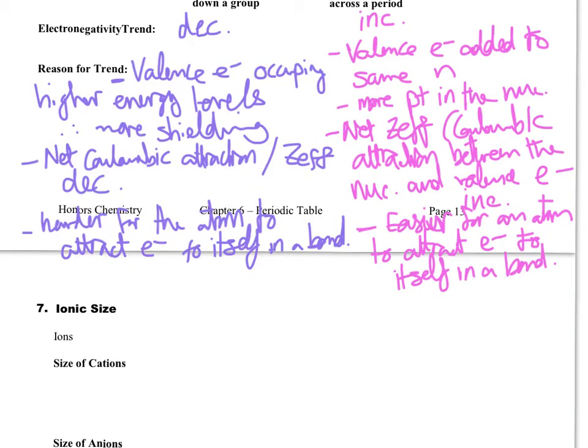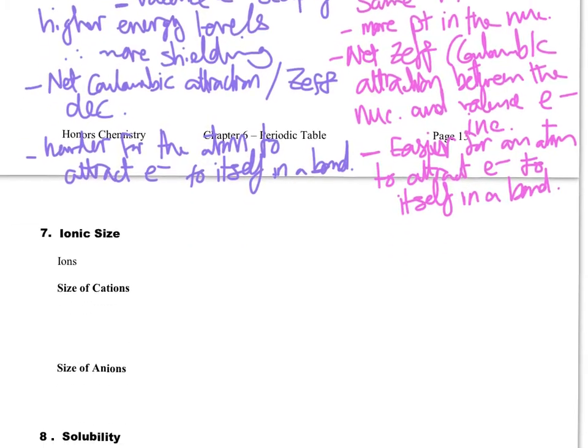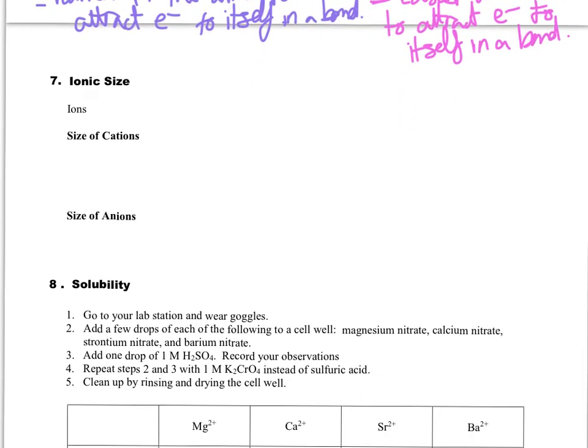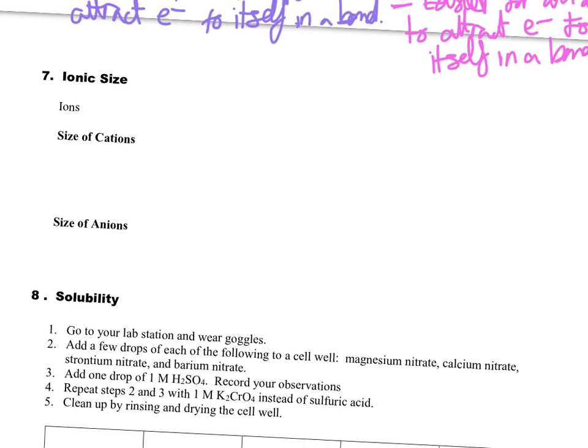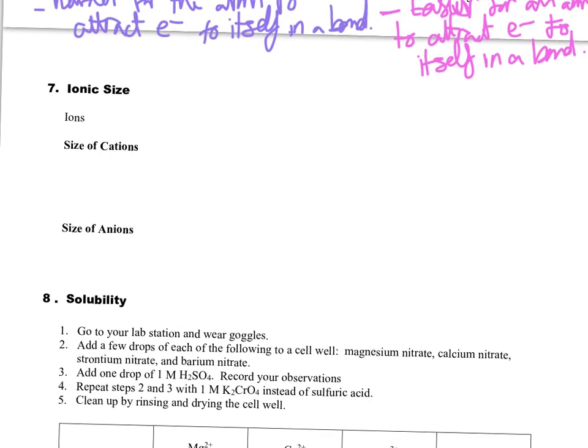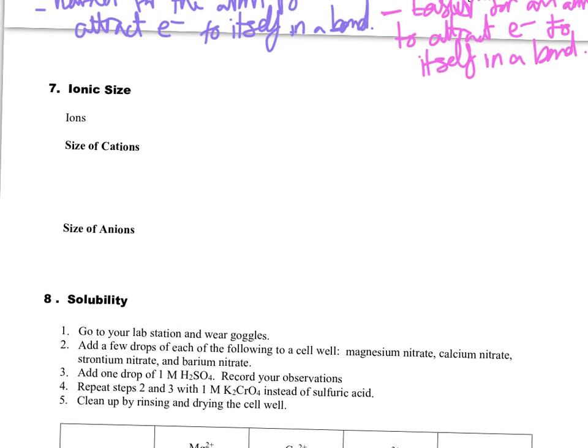All right, let's go ahead and go to the next trend, which is ionic size. So as always, let's define what ionic size is. You can think of it as ionic size or ionic radius, meaning the same thing, just like we talked about atomic size or atomic radius, usually meaning the same thing. So it is the size of the ion as opposed to the size of the atom, or the radius of the ion as opposed to the radius of the atom.